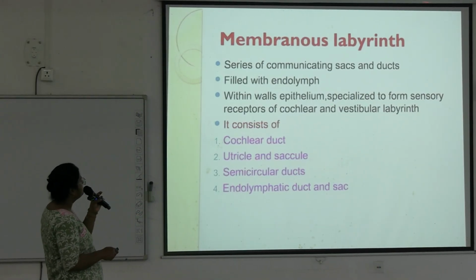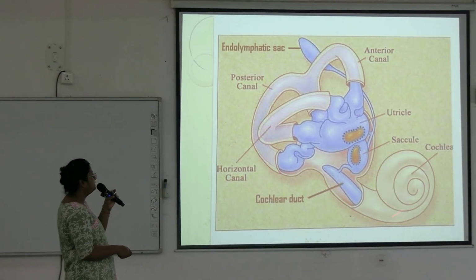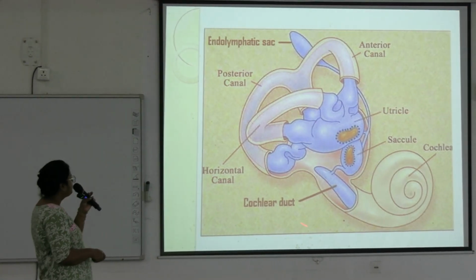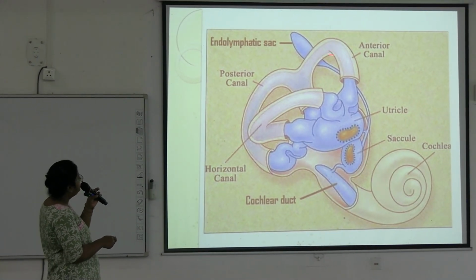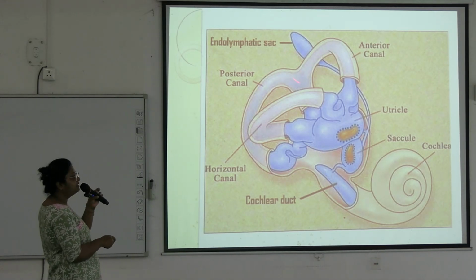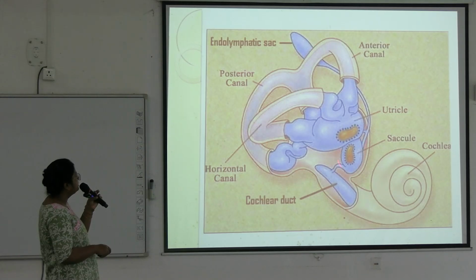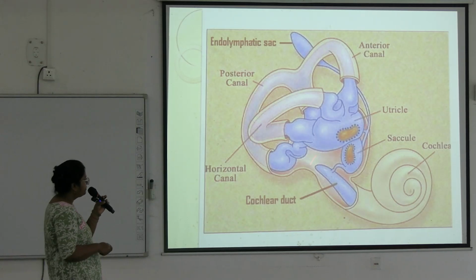These are the components of the membranous labyrinth. So this is the cochlear duct lying within the cochlea. Here is the endolymphatic duct, and the terminal bulging part of the duct is the endolymphatic sac. This is the utricle and saccule, and these are the membranous labyrinth lying within the semicircular canals.